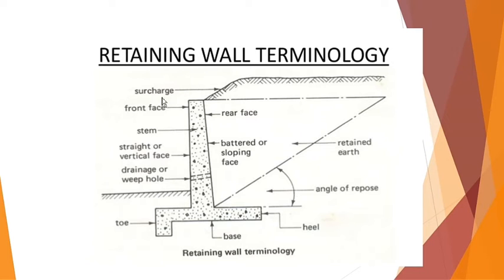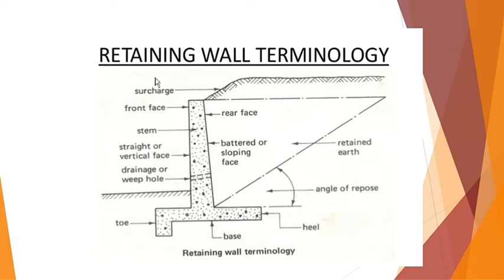Next is the surcharge. Surcharge is basically the vertical load which is present on the upper side of the retaining wall. For example, if you are providing a retaining wall on the downhill side of a pavement or a road, then the surcharge load will consist of the dead and live loads acting on the pavement by the traffic and by its dead weight itself.